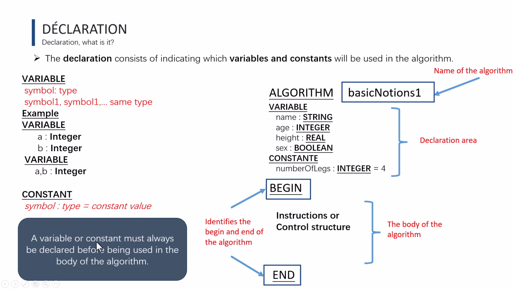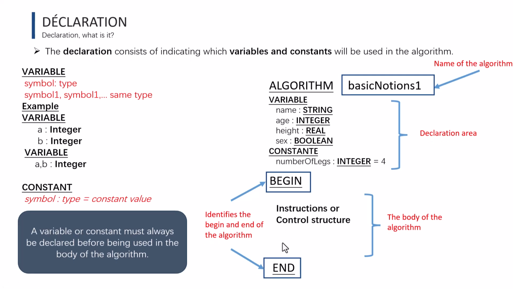A variable or constant must be declared before being used inside the body of the algorithm. That is a very important thing. You have to declare your variables and constants in the declaration area before doing any action with them inside the body of the algorithm, which will contain all our different instructions.